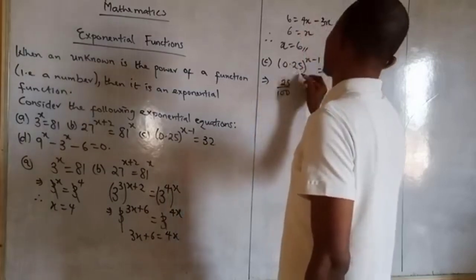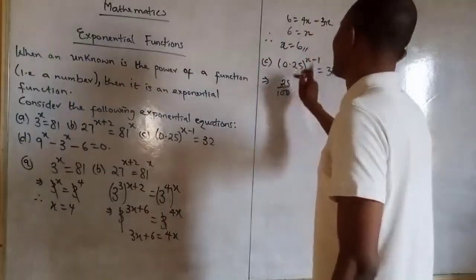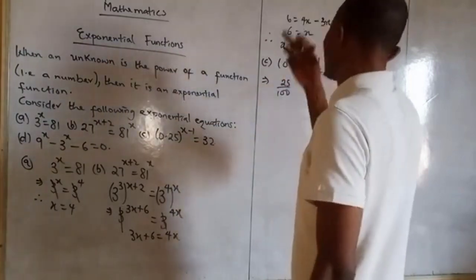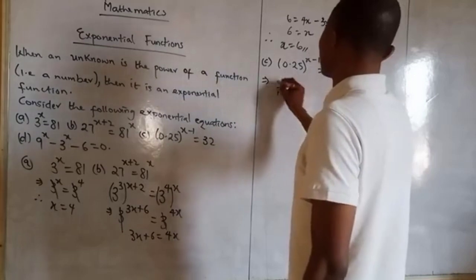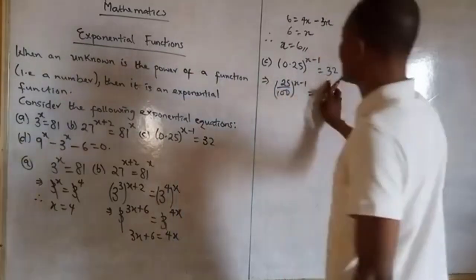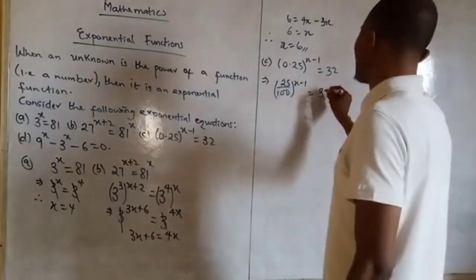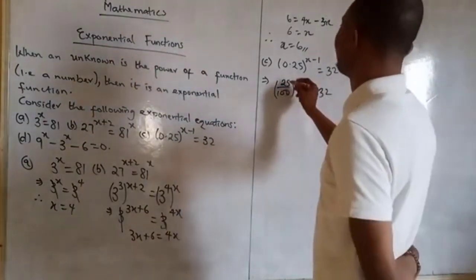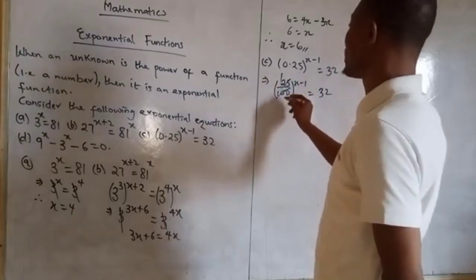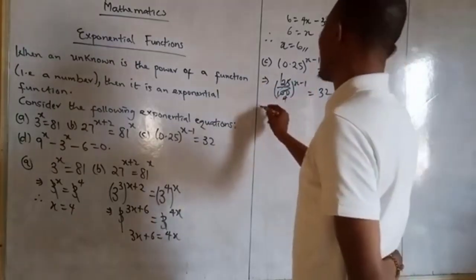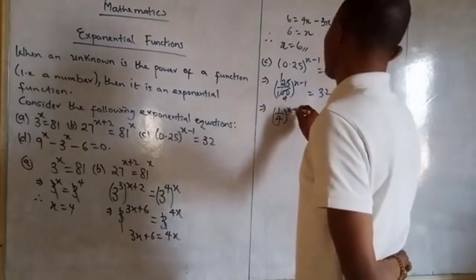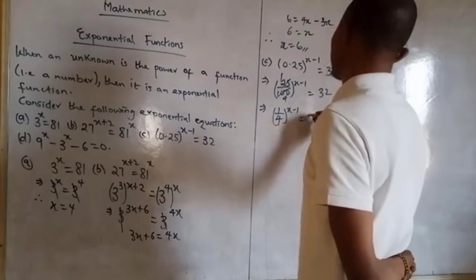We remove the points, we multiply by 100 over 100. So to the power of x minus 1 equals 32. 25 goes in 100 four times. We now have 1 over 4 to the power of x minus 1 equals 32.